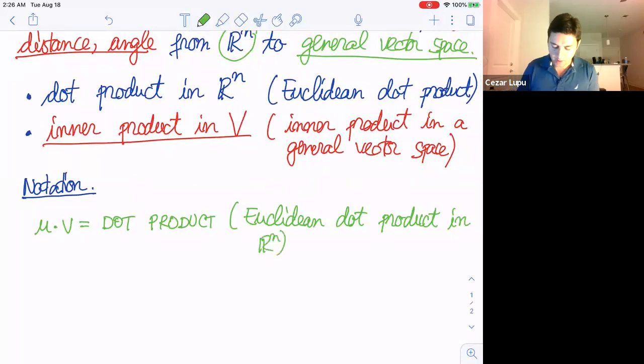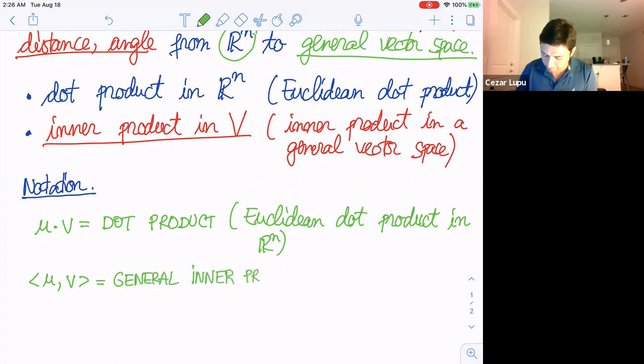And now the second one, I will denote it in this way, with a left angle bracket and a right angle bracket, whatever you want to call it. I will denote this by the general inner product for a vector space V.